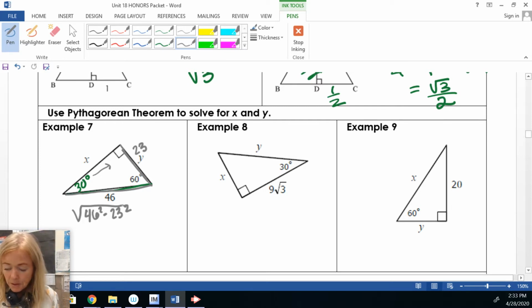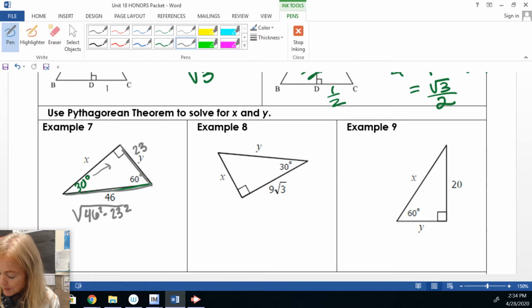All right, so I'm just going to do that in my calculator, and it will clear it all up for me. So the square root of 46 squared minus 23 squared is actually, it didn't give me it in radical form. Dang it.